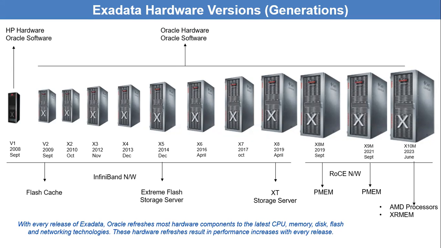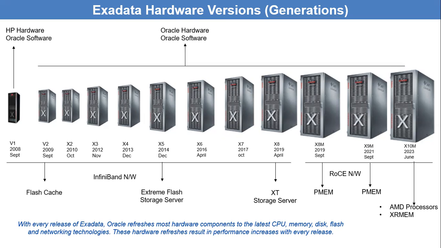So that way, with every new release of Exadata, you get the latest hardware components. They contribute to the performance. So one way, you get the performance from the latest hardware components included in the latest version.